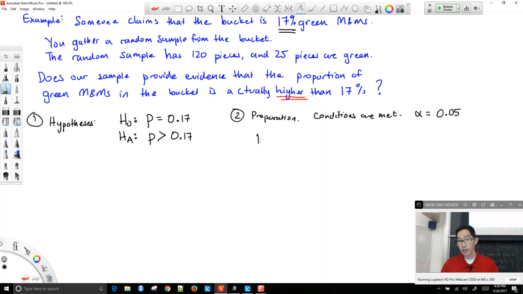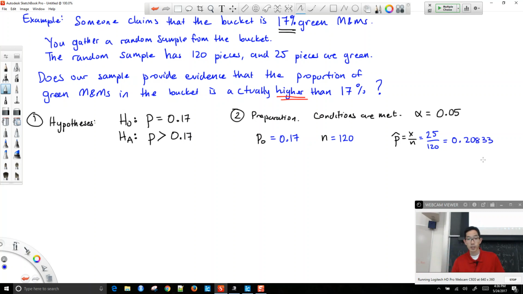And then we need to identify these values, p0, n, and p hat, which is x over n. So p0 is the value in our null hypothesis, 17%. n is our sample size, 120. p hat is our sample proportion, 25 divided by 120, I get 0.20833.